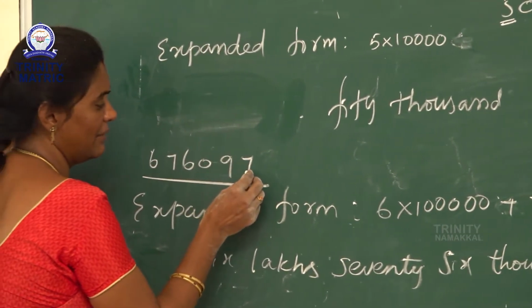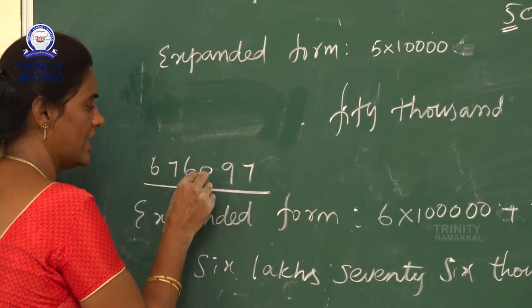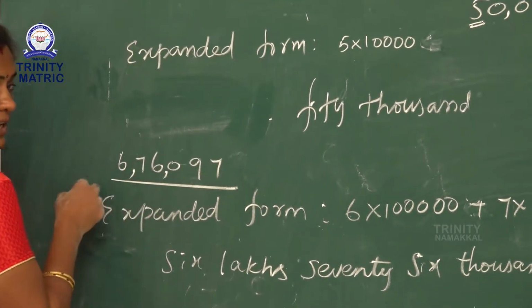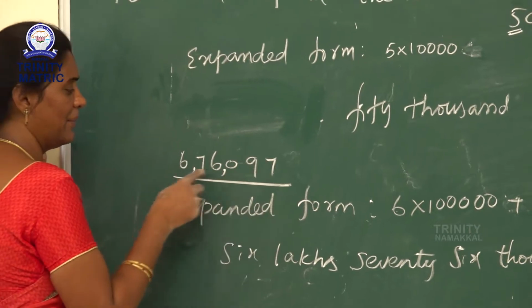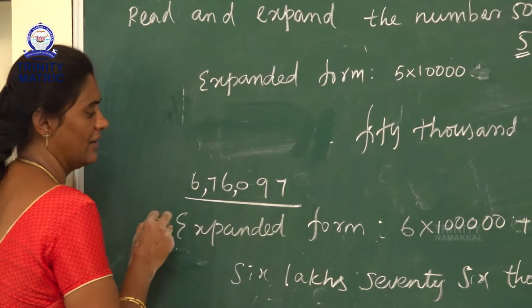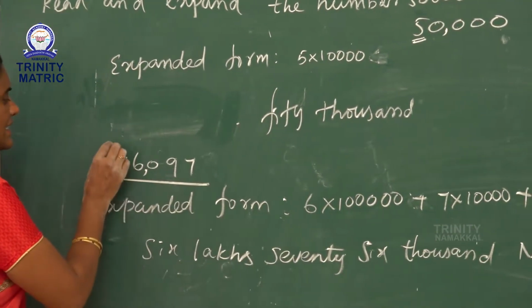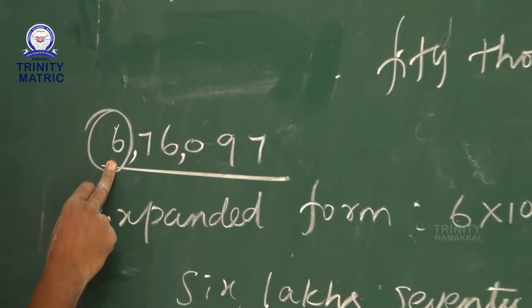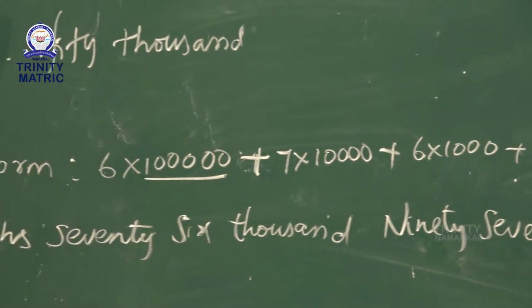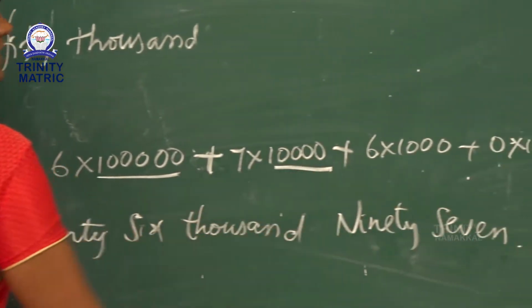Next, the expanded form of this number. See here, we put a comma first: ones, tens, hundreds, then put one comma, 1,000, 10,000, put one comma, this is lakhs. Here the number is 6,76,097. Now we write this number in the expanded form. 6 is in the place of lakhs, so we write 6 into lakhs, plus 7 is in the place of 10,000, so we write 7 into 10,000.